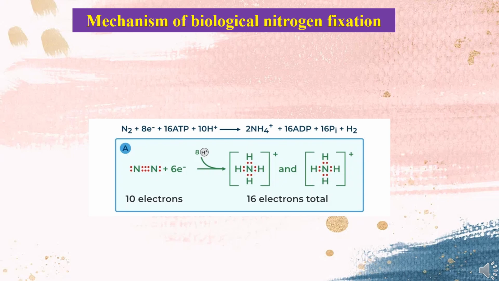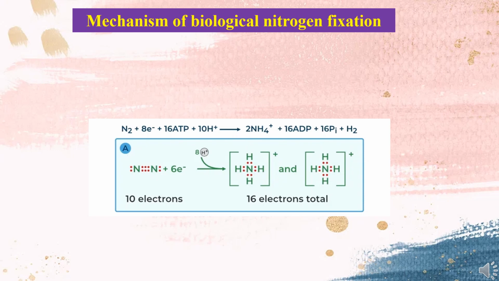The Fe protein is first reduced by electrons donated by ferredoxin. Then the reduced Fe protein binds ATP and reduces the molybdenum-iron protein, which donates electrons to N2, producing HN=NH. In two further cycles of this process, HN=NH is reduced to H2N-NH2, and this in turn is reduced to 2NH3.